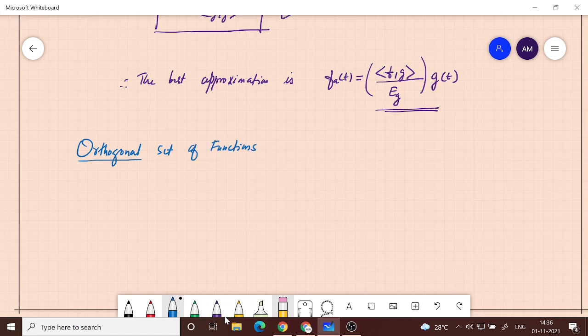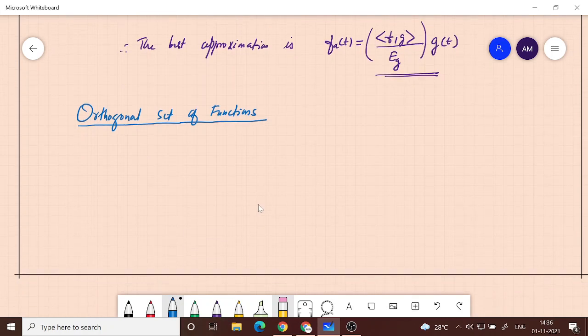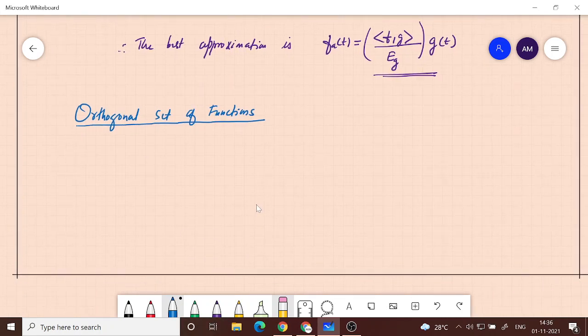I'm going to consider a set of functions which have some special character, and let me write down their property. G1 of t, G2 of t. Earlier we had only one G of t. Now I have n such functions, G1, G2, G3, etc., up to G capital N of t. I can have an infinite number of such functions also.